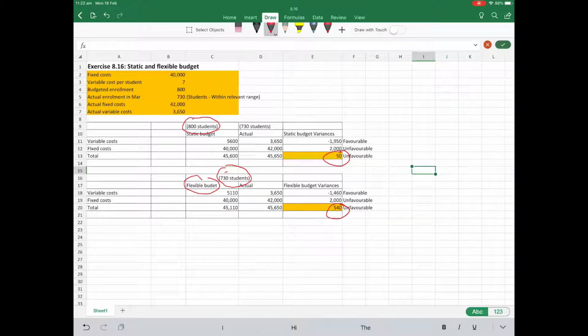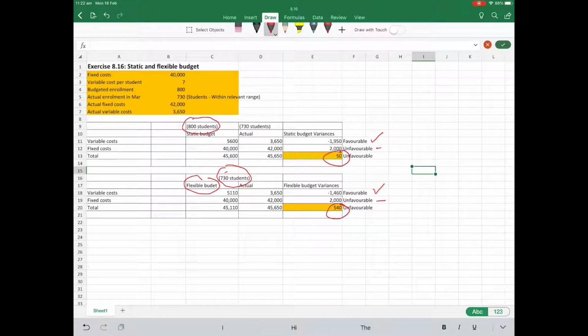Here you see clearly that for the fixed cost, the static budget variance and the flexible budget variance are the same. But the flexible budget variance for variable cost and the static budget variance for variable cost are different. Here it is close to 2,000 favorable, but here it is just 1,500 favorable.